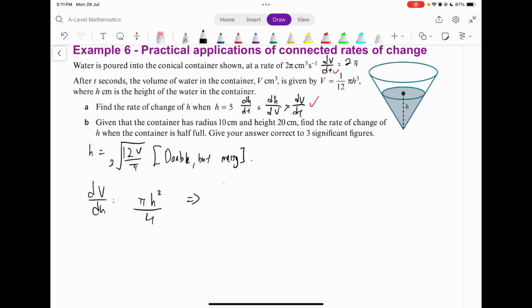Then we can say dh over dV equals 4 over pi h squared. And when h equals 5, we have 5 over 25 pi, which makes it 1 over 5 pi.